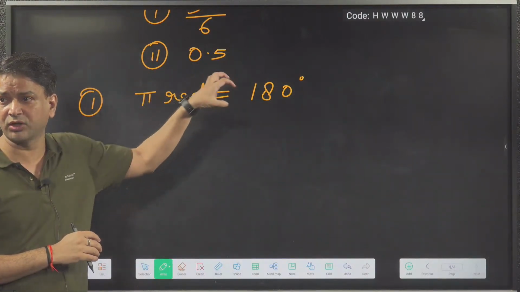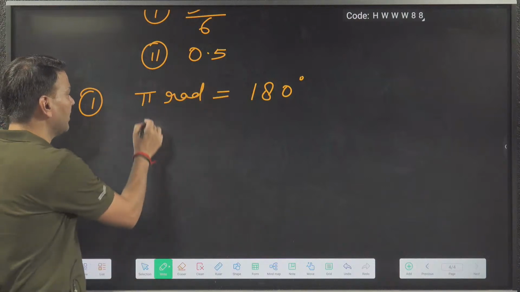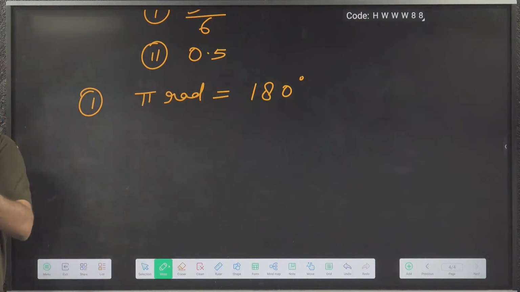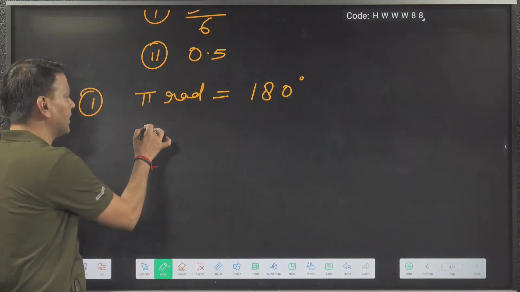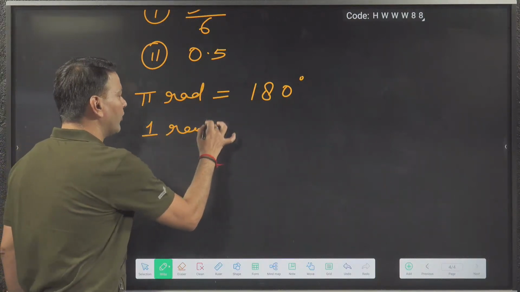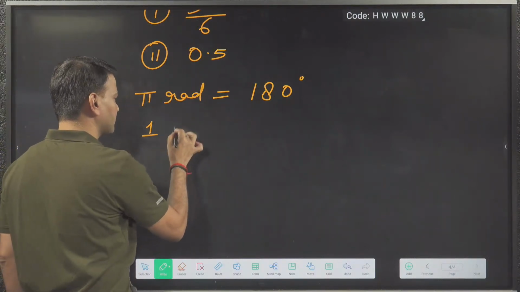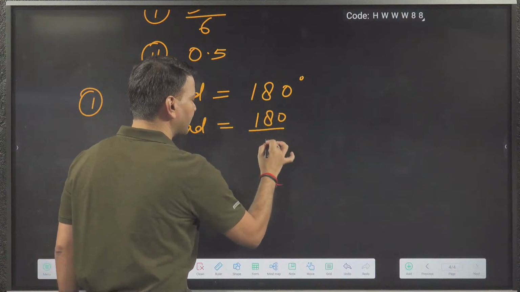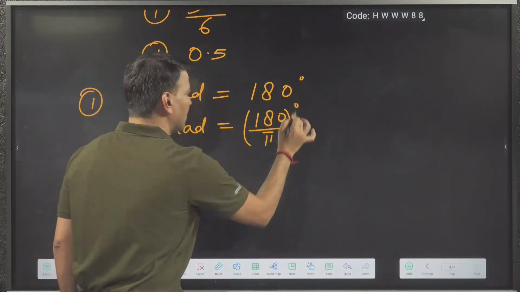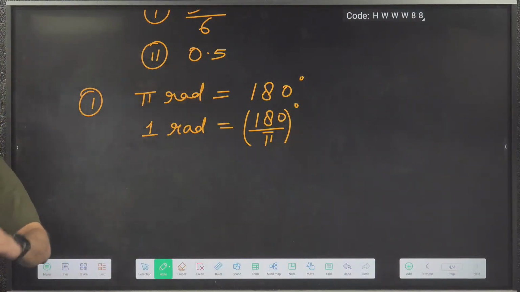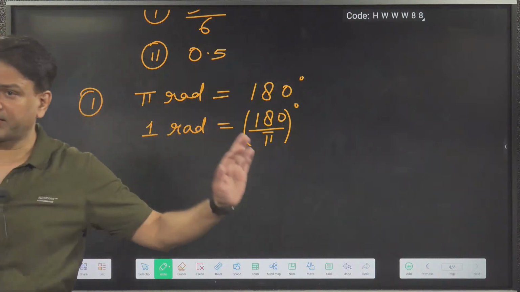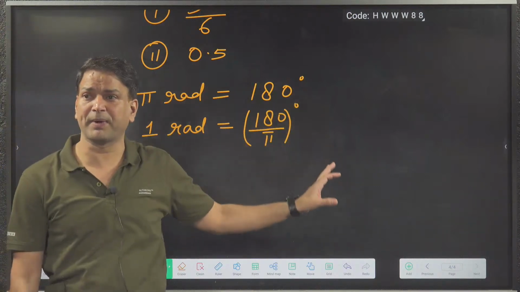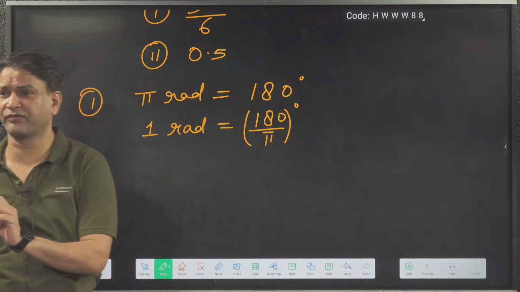Then I know for pi and I need for 1, so 1 radian is equal to 180 by pi degree. There I got pi by 180, but here I got 1 radian is 180 by pi degree. Okay, this is the multiplication factor.